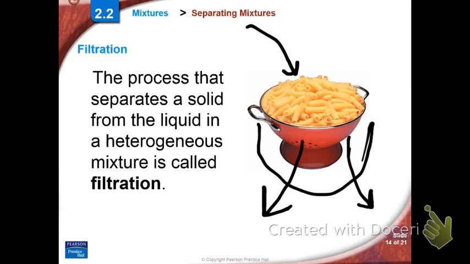That's an example of filtration. We can use this in the lab with a funnel and filter paper to catch the solids and let the liquids go through. Coffee filters work the same way. The coffee grounds stay in the filter, and the water that's flavored with the coffee goes into the coffee pot.